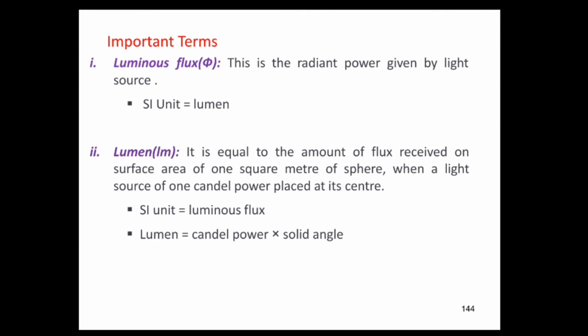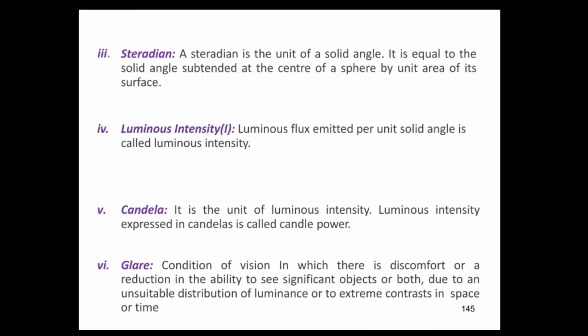So lumen is equal to candle power times the solid angle. Steradian is the unit of solid angle, and it is equal to the solid angle subtended at the center of a sphere by a unit area of its surface.